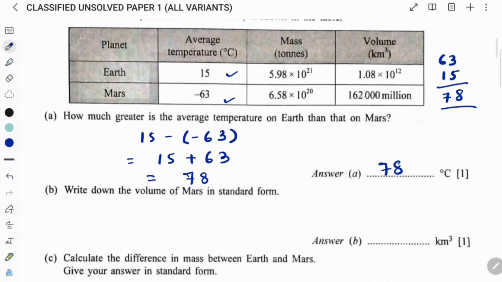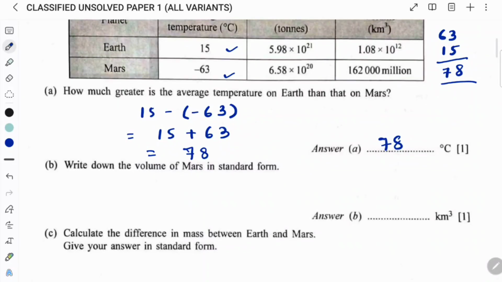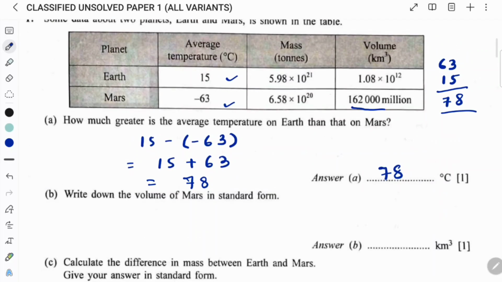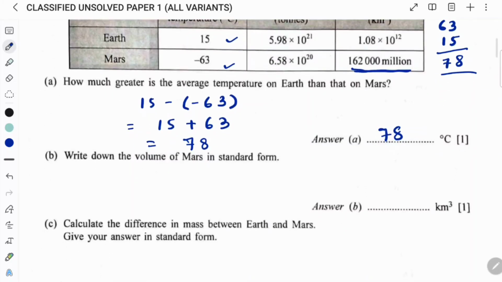All right. The second part of the same question: write down the volume of Mars in standard form. The Mars volume is 162,000 million. For million, we'll put 6 zeros.